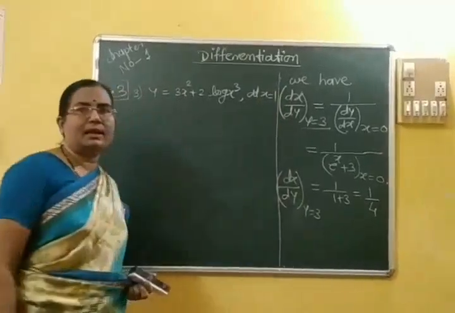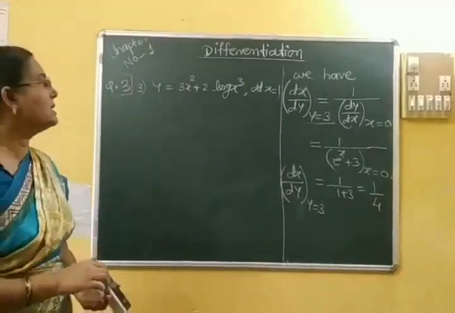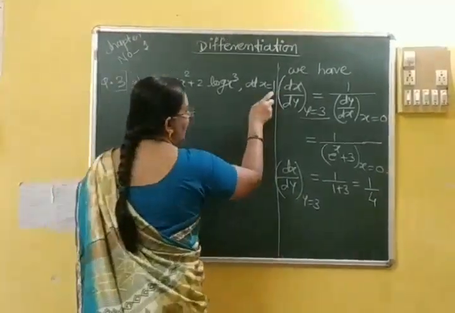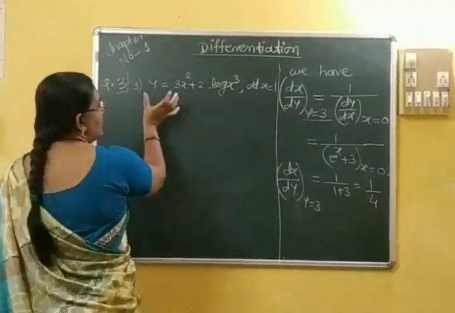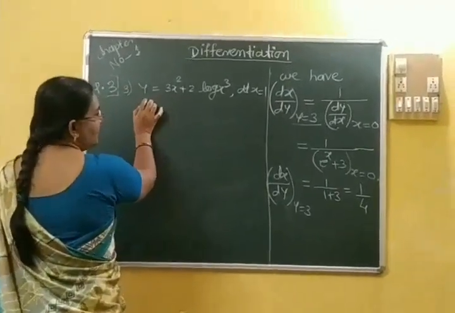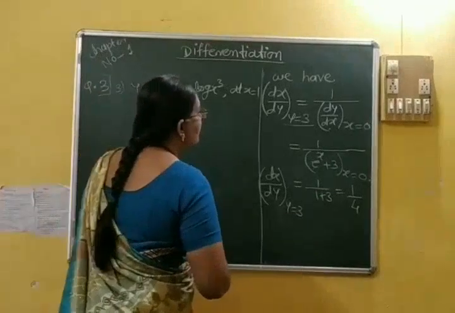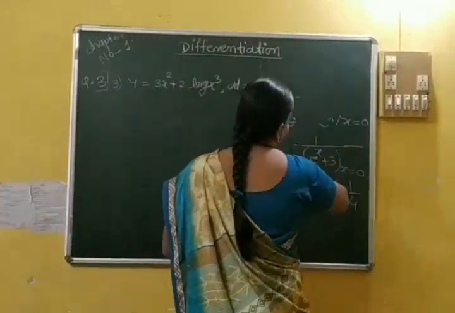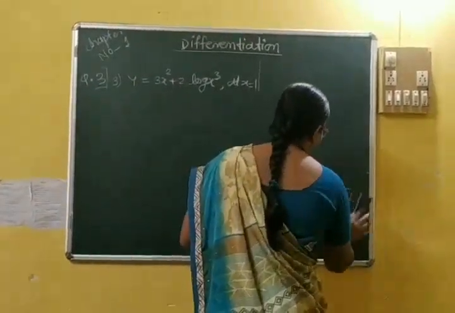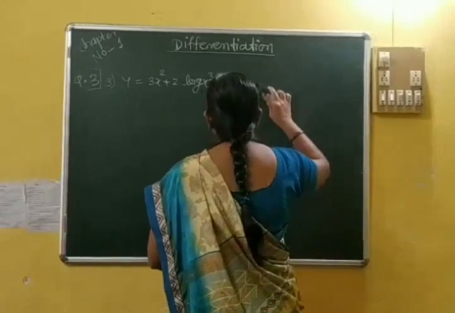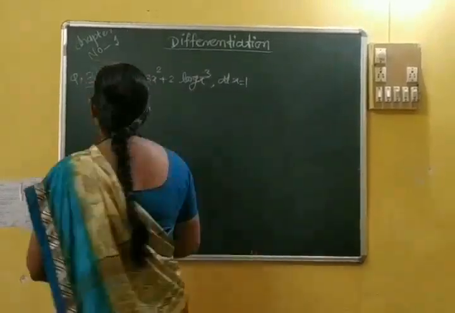Here the value of x is given to us, that is x is equal to 1. But we have to find the derivative of the inverse of that given function.